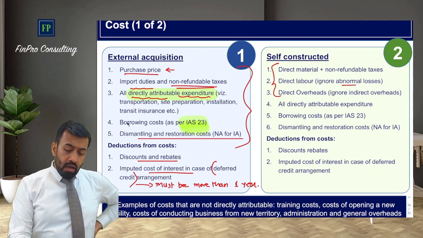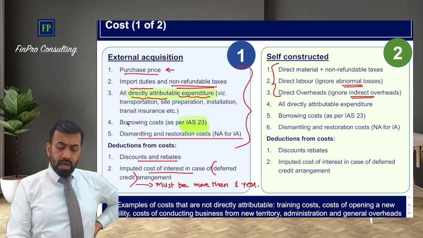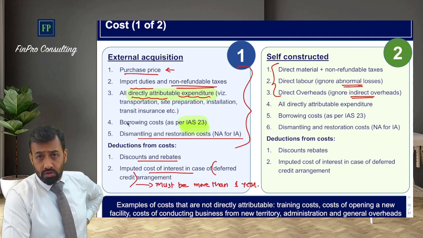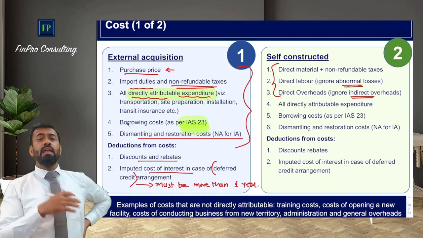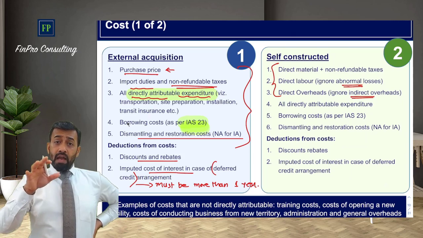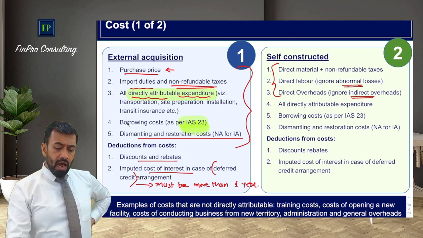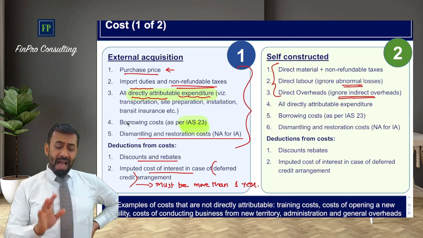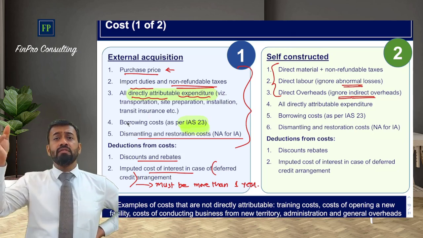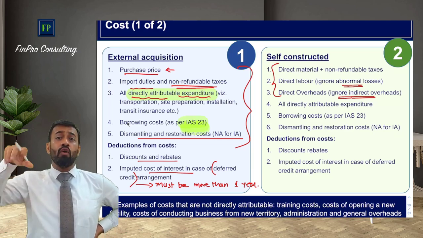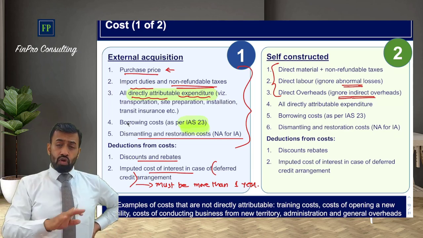However, in labor and in overheads, ignore indirect overheads and abnormal labor costs. Okay. So any abnormal losses and indirect overheads, you will have to ignore strictly. Correct? As far as inventory is concerned, certain allocated factory overheads can also be allocated on the inventory, which is not spoken here.